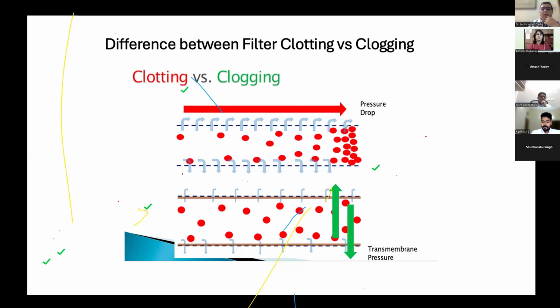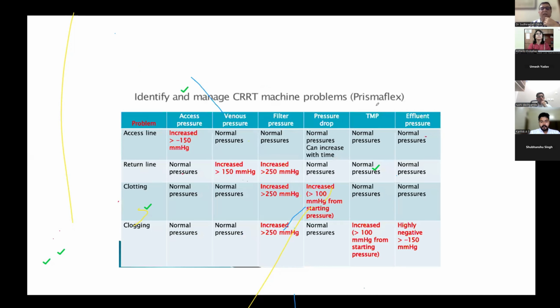What is important to know is the pressure drop itself. So this is a chart where you can work out what is going on, and troubleshooting itself. If there is clotting, you can see that the filter pressure is increased and the pressure drop is also increased. That is, the pressure drop has happened more in clotting.